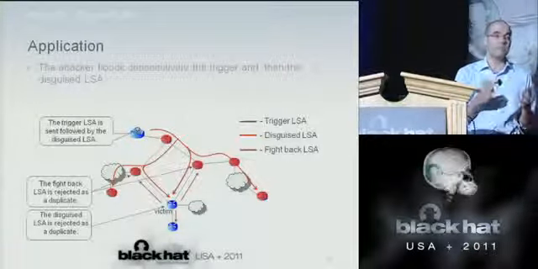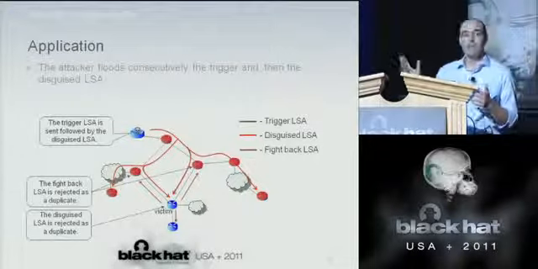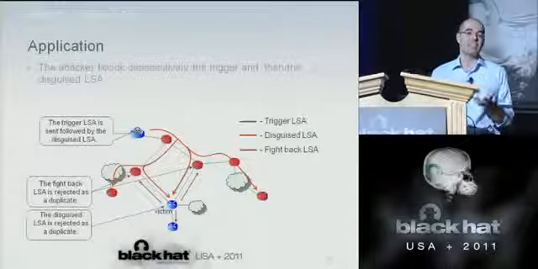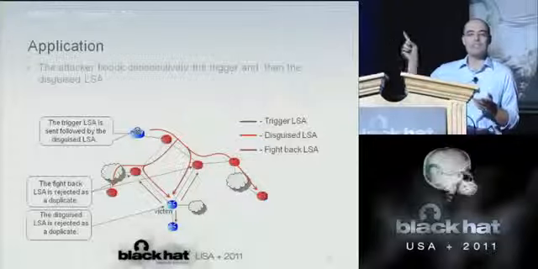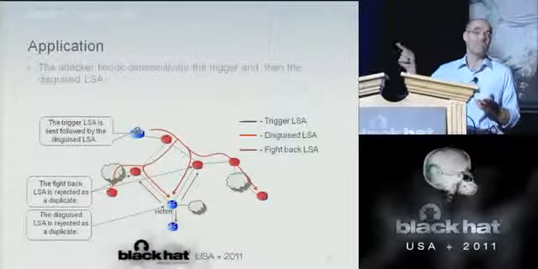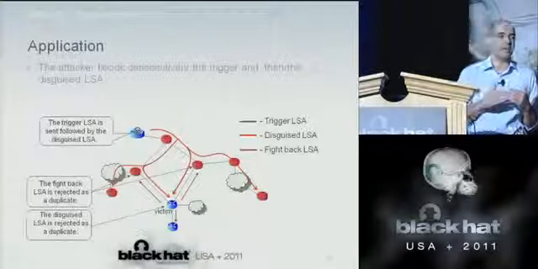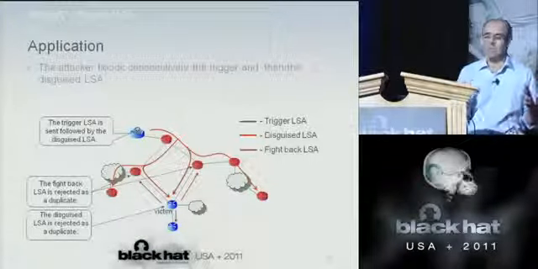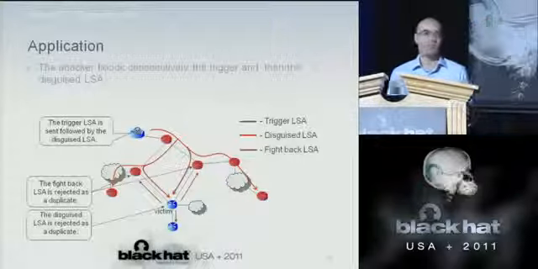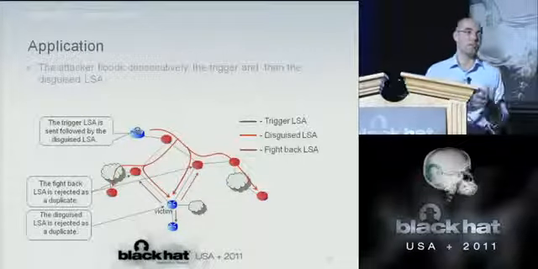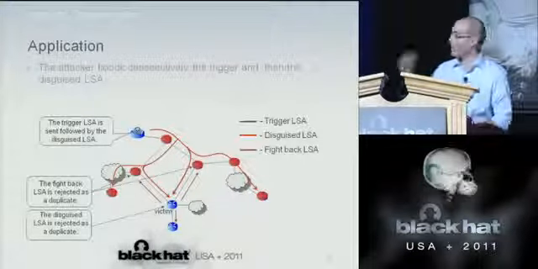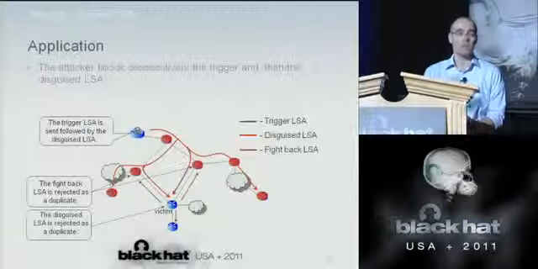Now, in this race, the attacker has the upper hand. The disguised LSA has the upper hand. Notice that the disguised LSA was triggered way before the fightback LSA, so indeed, it has a lot of time to propagate in the network before the fightback LSA is originated.